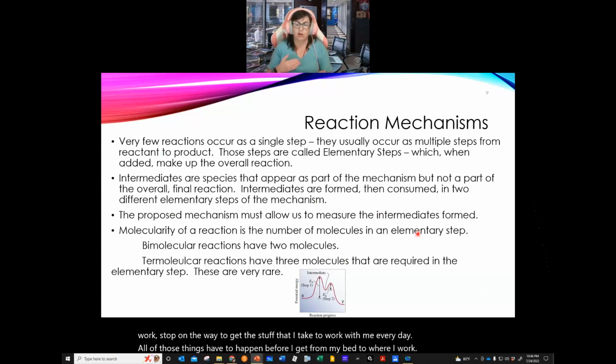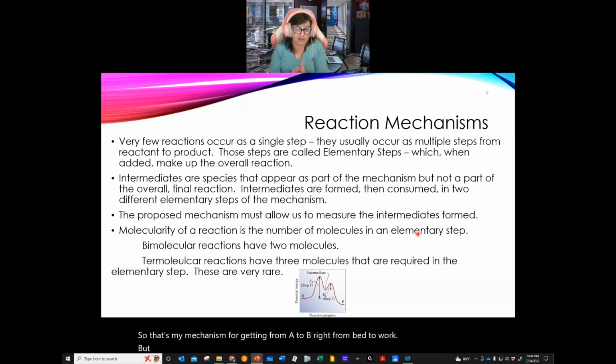All of those things are part of the path that I take between the bed and where I work. So that's my mechanism for getting from A to B, right? From bed to work. And it depends on what I'm doing, where the slowest part of that is, all right? It could be that on a particular day, the slowest part of that is me getting out of bed.